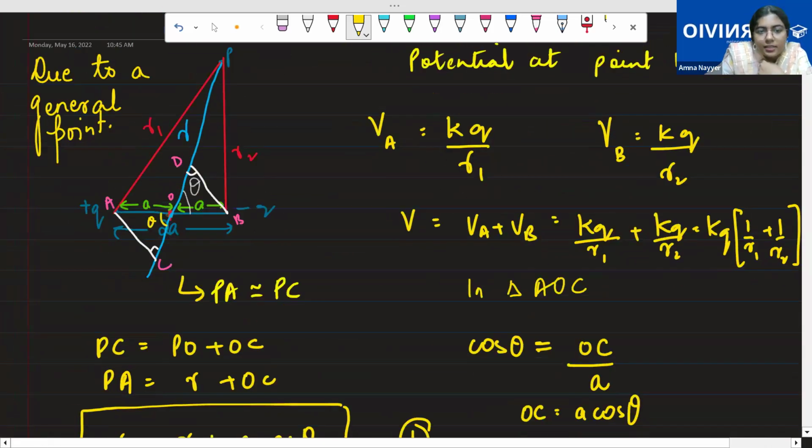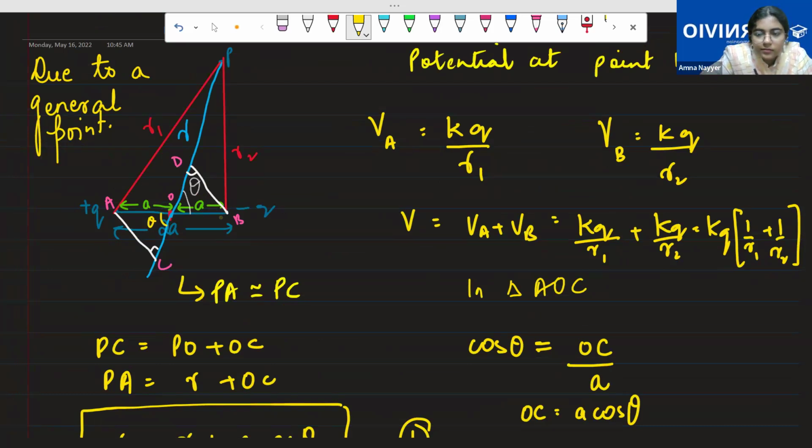Now in triangle small ODB, Oishi, you tell me what is cos theta in the small triangle ODB? Cos theta is DB by OD, no, not DB by A. Base by hypotenuse.